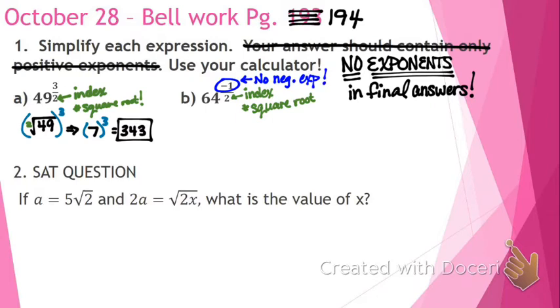So that means I'm going to have 1 over 64 to the 1/2 power. I don't flip my exponent fraction. I take my base, the big number, and that moves to the bottom of the fraction. Notice that when I do that, it's not negative anymore.